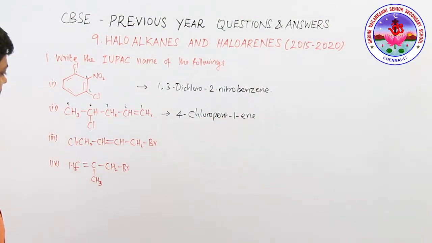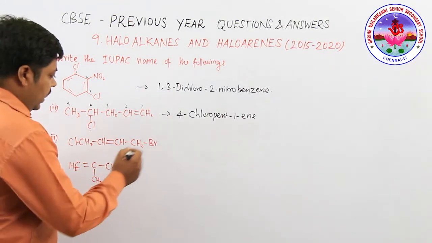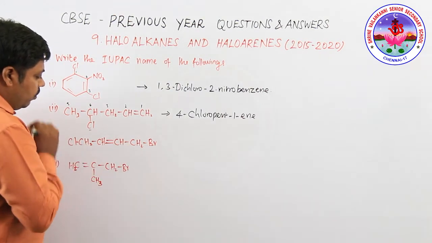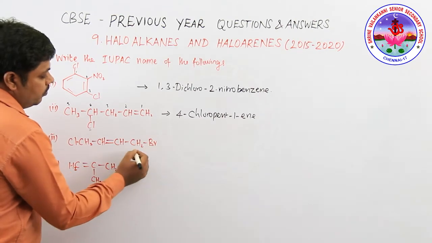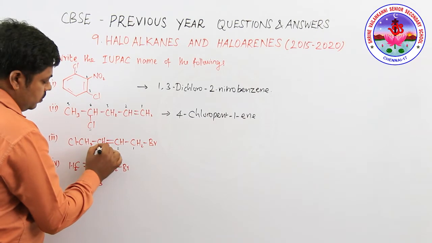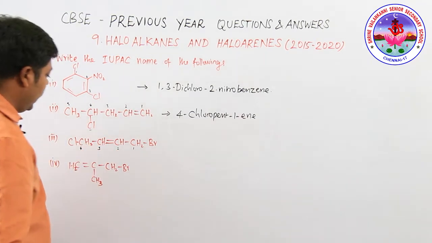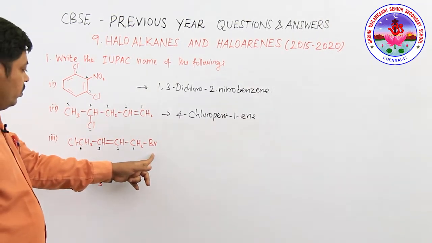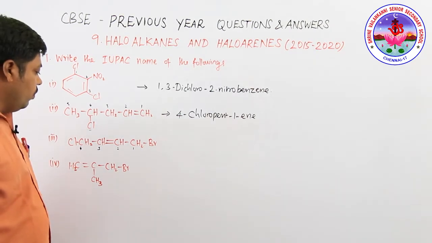Then look at this third one. Here there is bromo and chloro, so you have to give numbering this way: 1, 2, 3, 4. The first position has bromo and the fourth position has chloro.